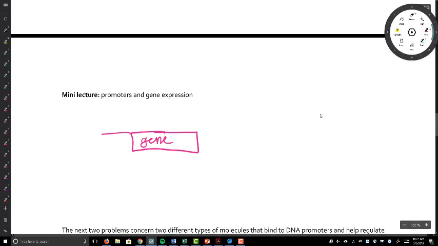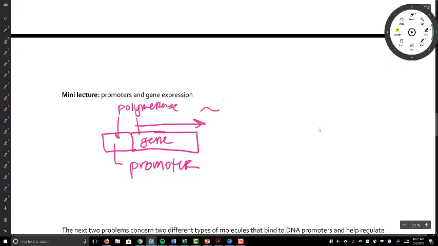The promoter is where the polymerase comes in and makes a copy. If it's RNA polymerase, it'll make the mRNA, which goes to the ribosome and gets turned into protein.